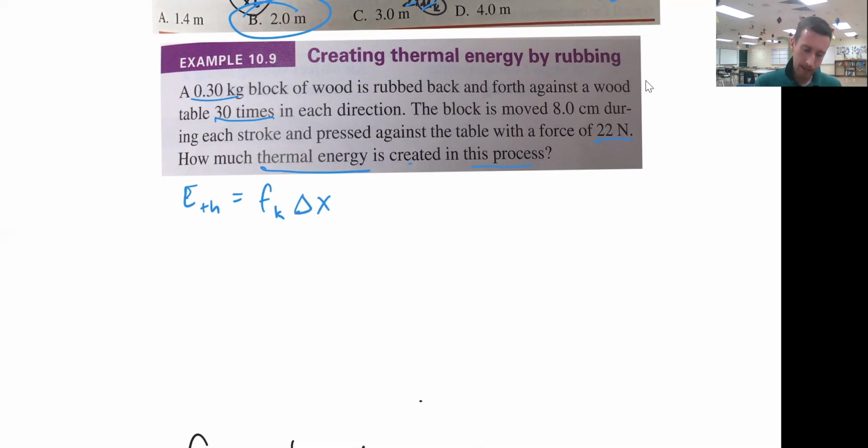Okay, and then I know that the force of kinetic friction is equal to the normal force times mu sub k. Okay, so the normal force is given up here as 22 newtons, right? That's the force that I'm pressing against the table, and that's equal to the force that the table is pressing back against the block.